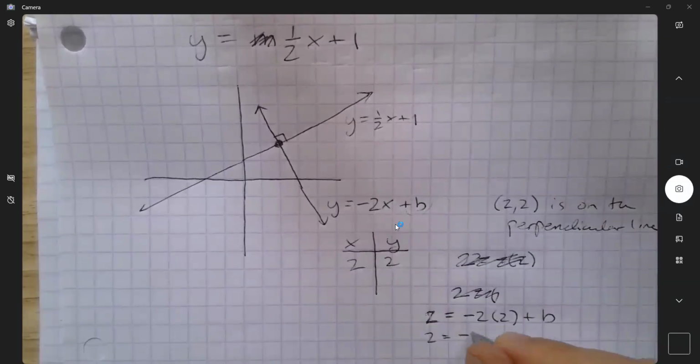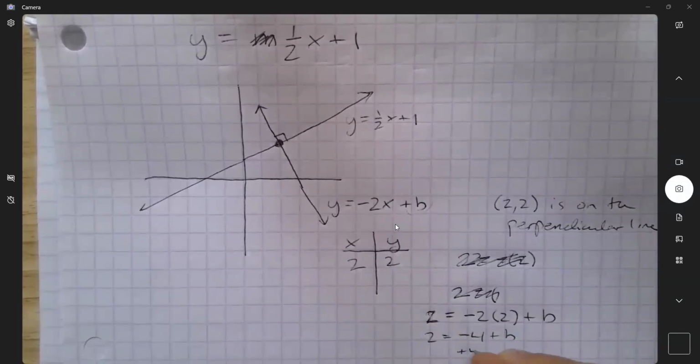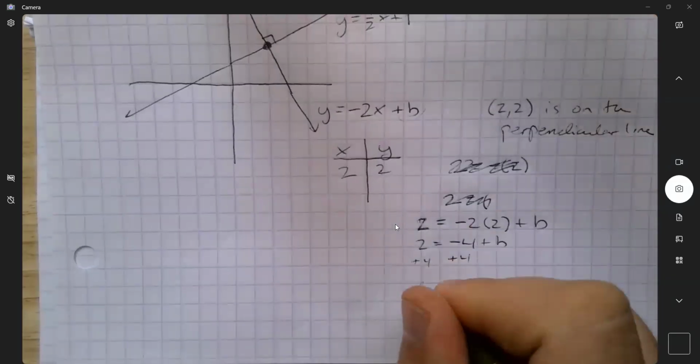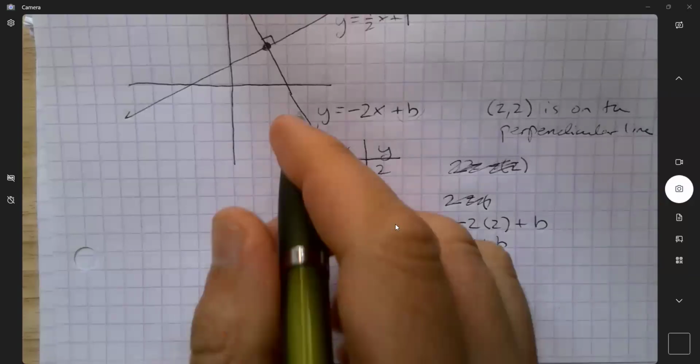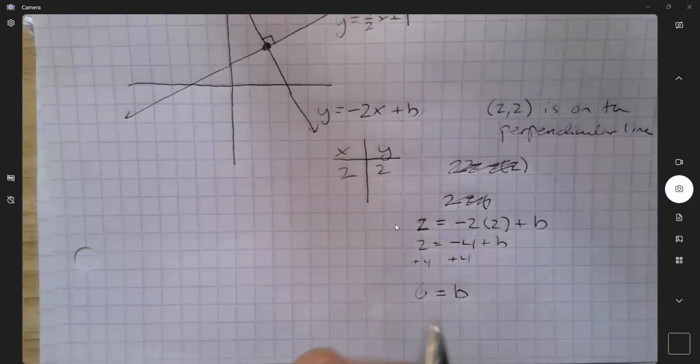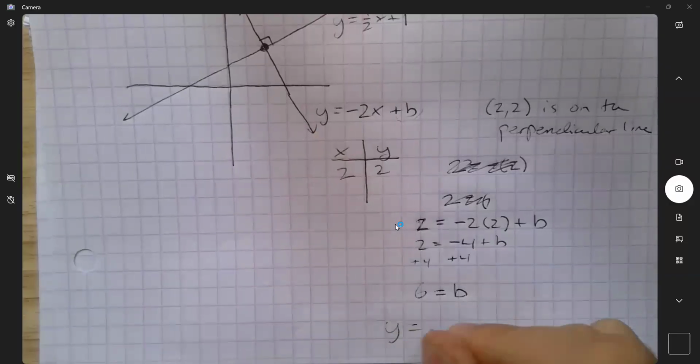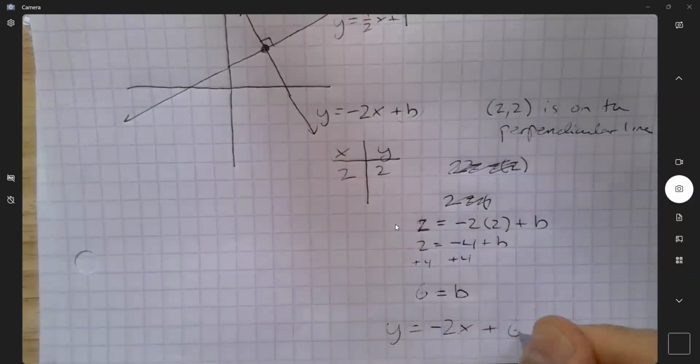So 2 equals -4 plus b, and I add 4 to both sides. And I see that b equals 6. So the formula for this perpendicular line is y equals -2x plus 6.